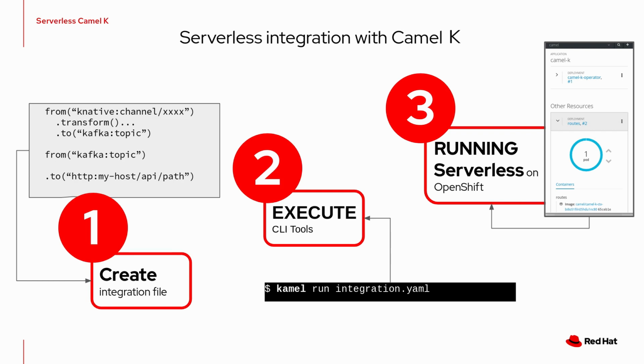Of course, in the Red Hat environment, we leverage OpenShift and containers as a runtime for our serverless integration platform built using Camel K.